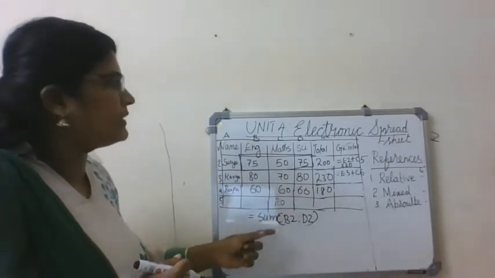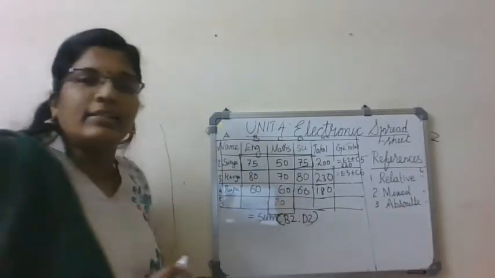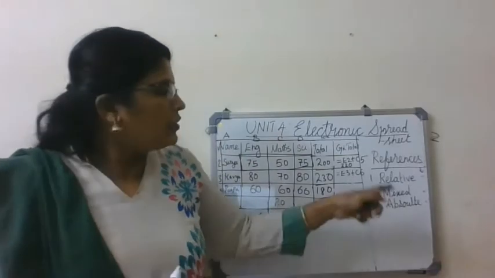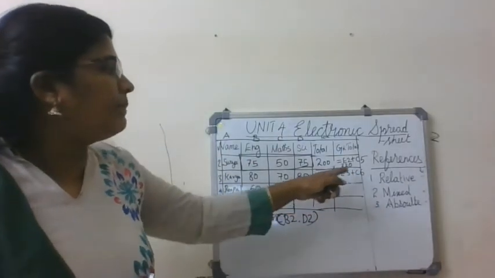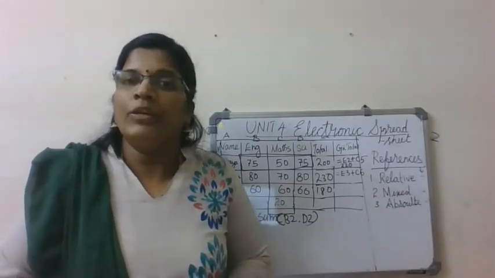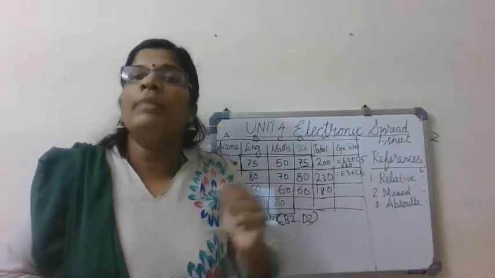Sorry, it is C6 here. Do I have any entry in the C6 cell? No, right? So it means it is 0. What would be the answer here? 230 plus 0, here 230. But is 230 the right answer? No, right? We have to add 230 plus 20, then it should be 250.